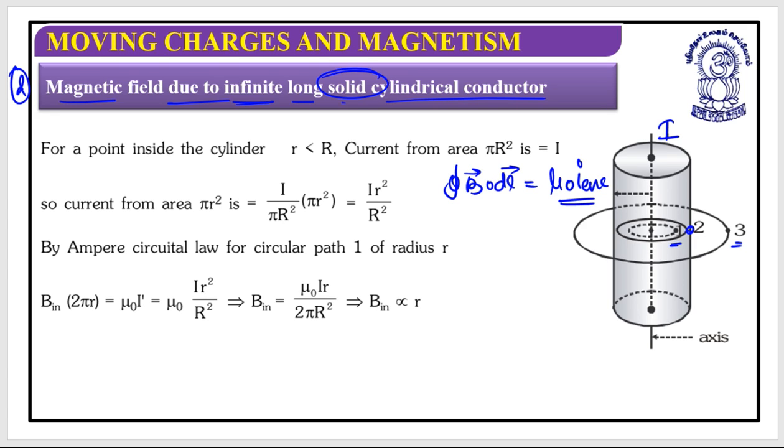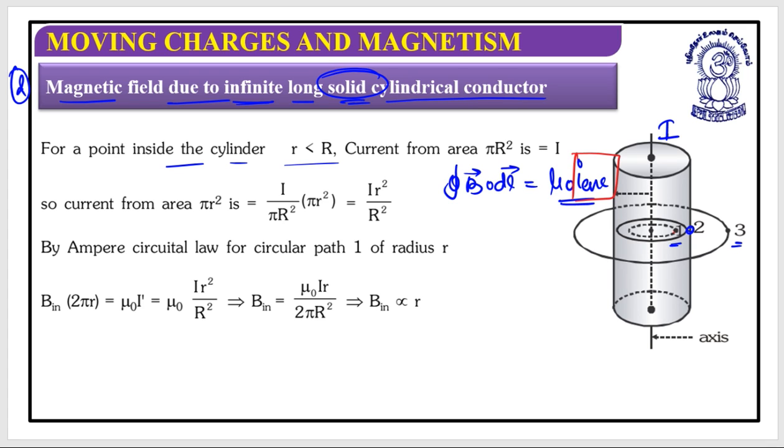And this is a solid wire, a solid cylindrical conductor. So for a point inside the cylinder, r is less than R. I need to calculate the I enclosed that flows through this cross-sectional area.